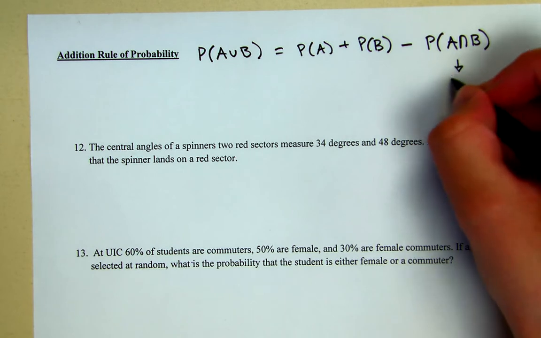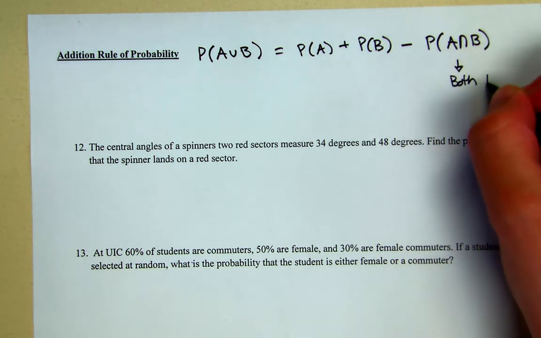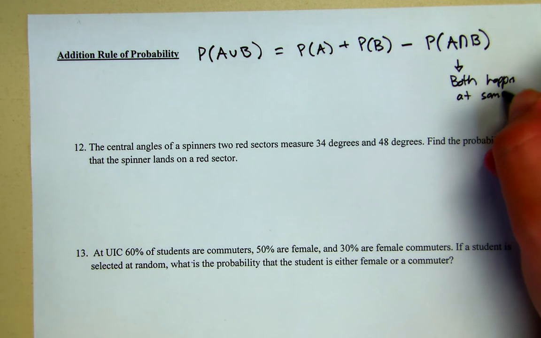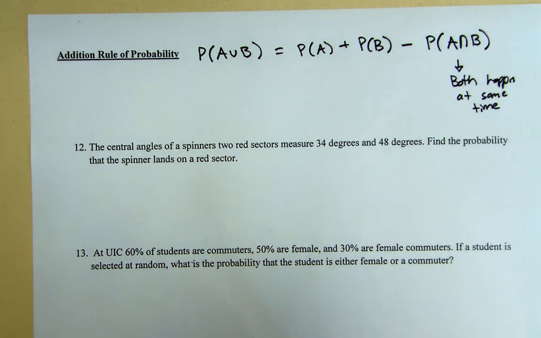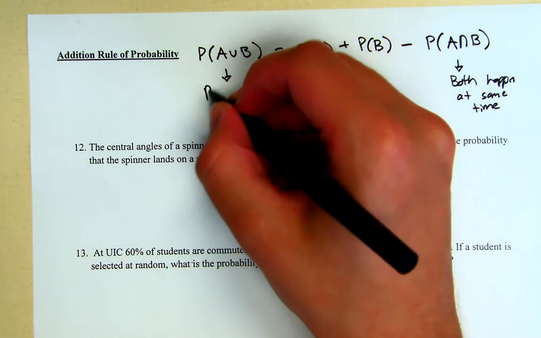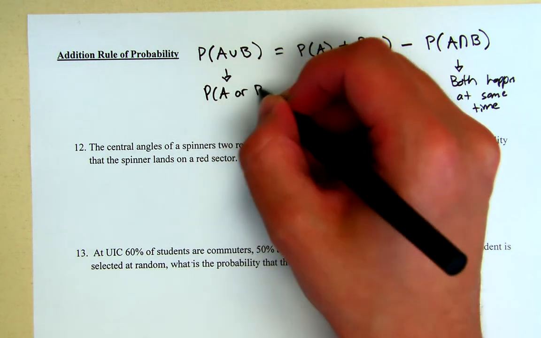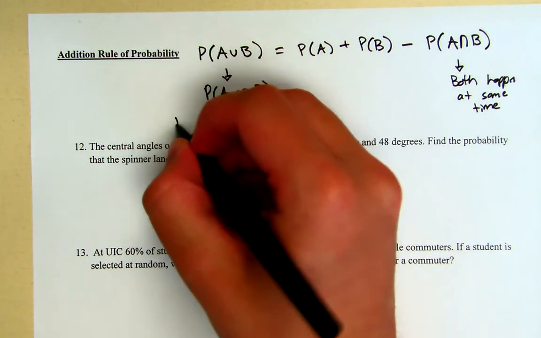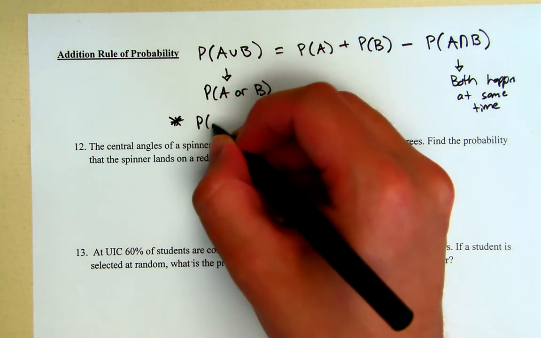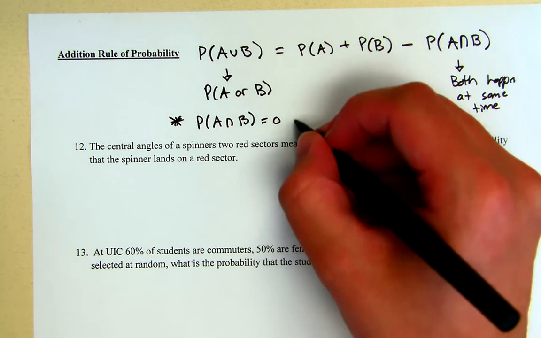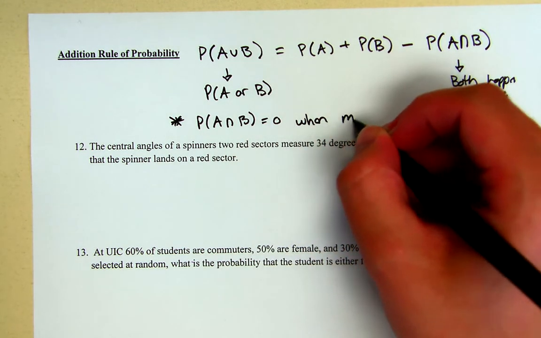So this is when both happen at the same time. Alright, and we read this as P of A or B, which we've seen some events of. Now, one thing you want to note here is P of A intersection B equals 0 when mutually exclusive.